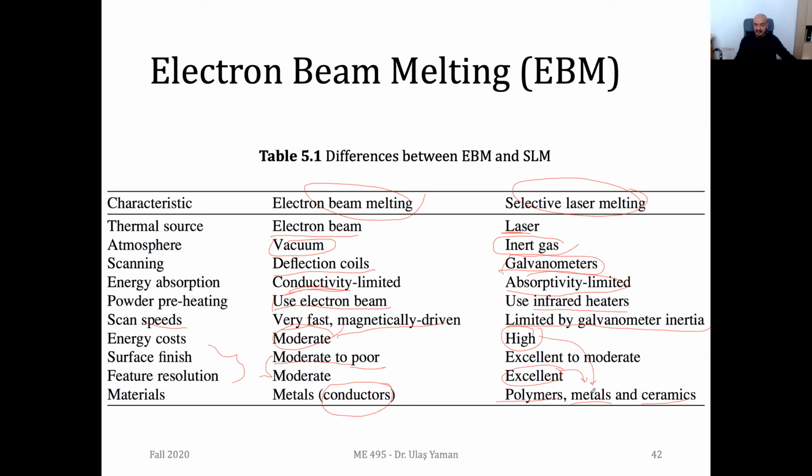Their energy costs are a bit higher, and their surface finishes are not as good as in the polymer materials. So these are the main things we can say about electron beam melting and selective laser melting.